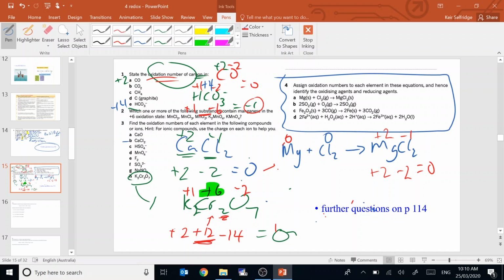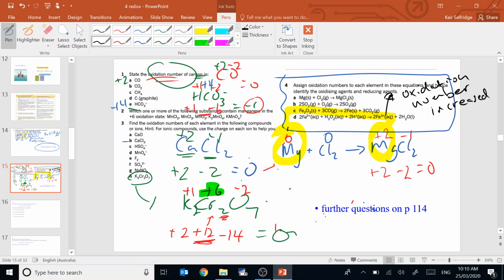Now we're going to have a look at how things change. Magnesium starts off at a 0 and goes up to a +2. Magnesium, therefore, has gone up. The oxidation number has increased.